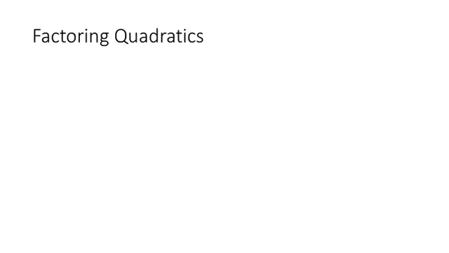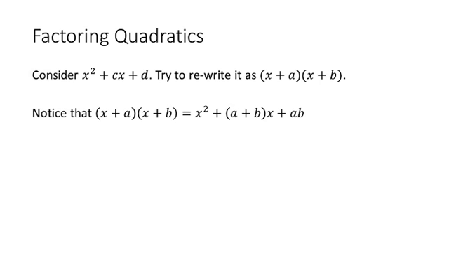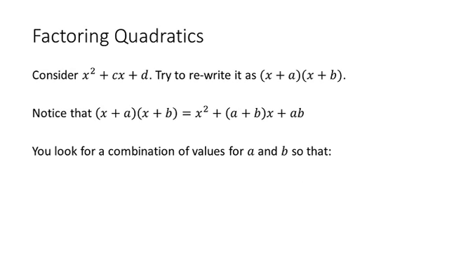When it comes to factoring quadratics, your goal is to basically take a polynomial expression like x squared plus cx plus d and rewrite it as the product of two terms, x plus a and x plus b. What you might notice is that when you expand out x plus a times x plus b, consistently you get that the coefficient on the x term is equal to a plus b, while your constant term is equal to a times b.